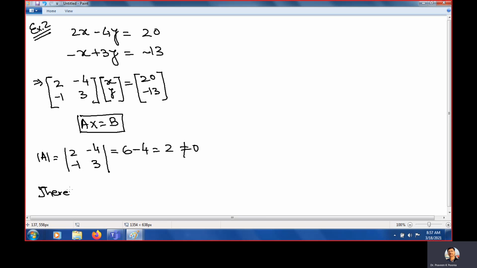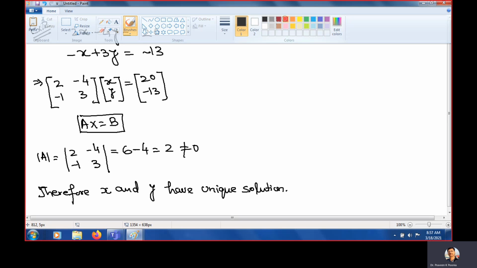Therefore, x and y have a unique solution. This is clear. Now write the value of x.